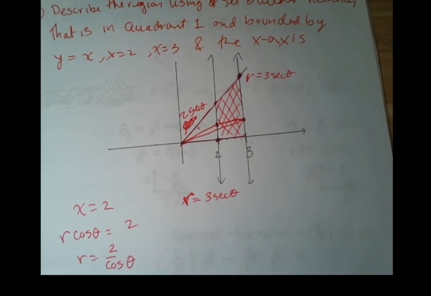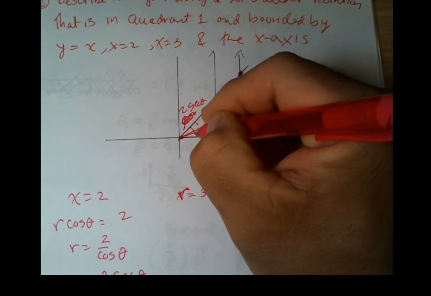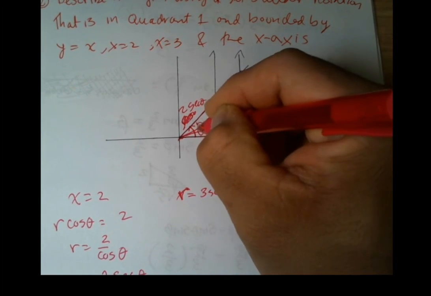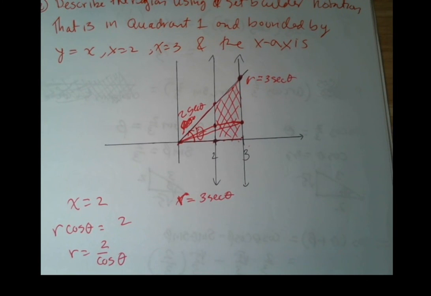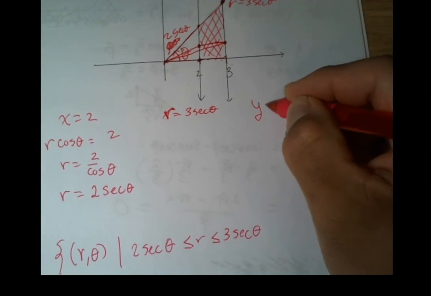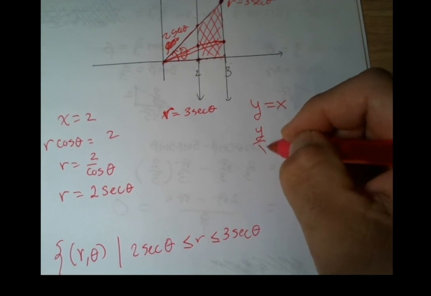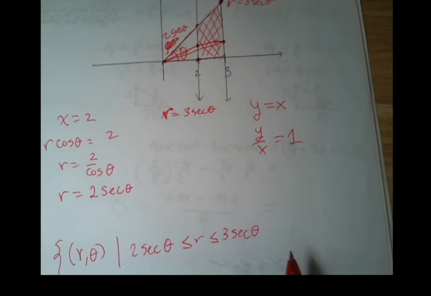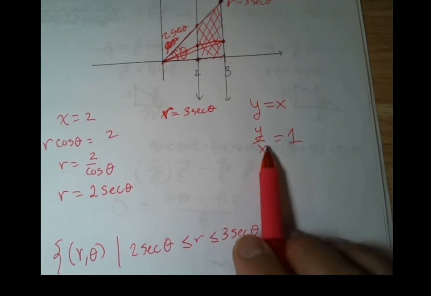Okay. Now in terms of the angle theta that is swept out, the way we find that is we ask, what is this line? This line is y is equal to x, and dividing by x on both sides, and again using our coordinate system from rectangular to polar, this is tangent.